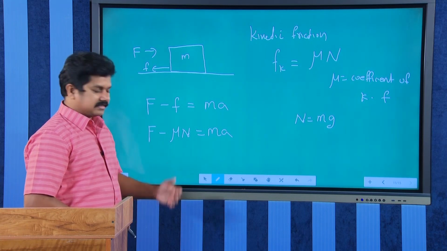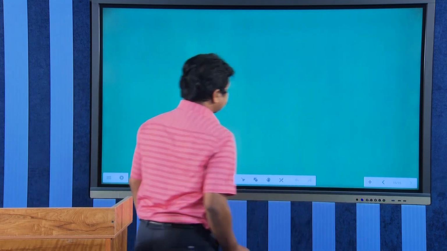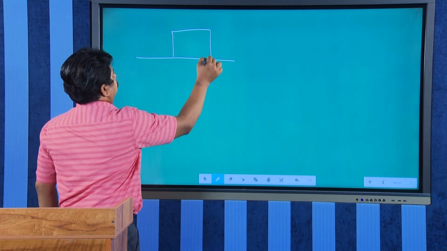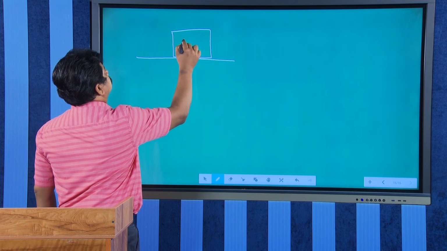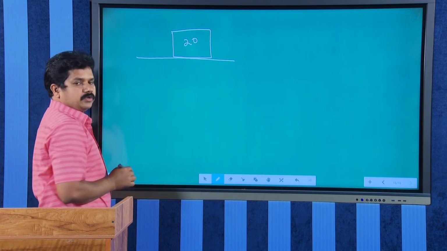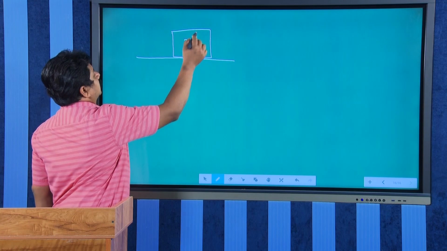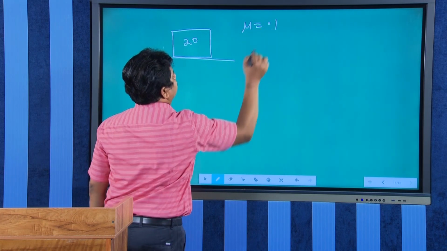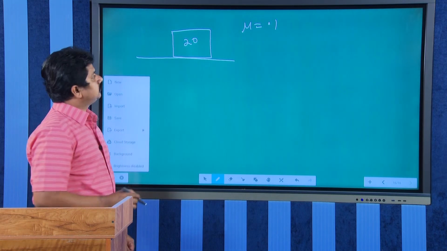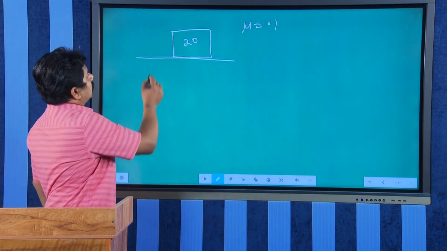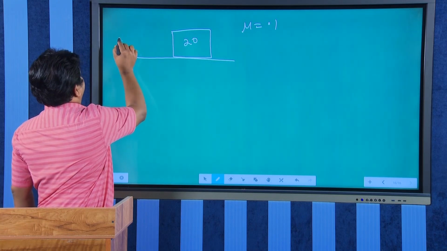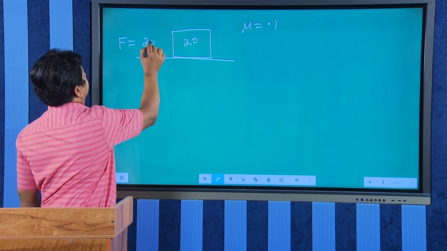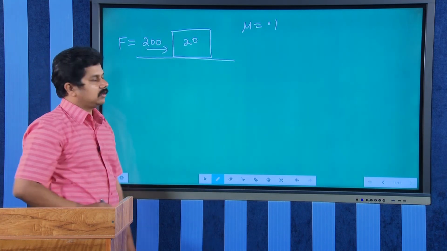Okay. Let us see an example. A 20 kilogram block is placed on a surface, mu equal to 0.1. Now, we are applying a force of F equal to 200 Newton acting in this direction.